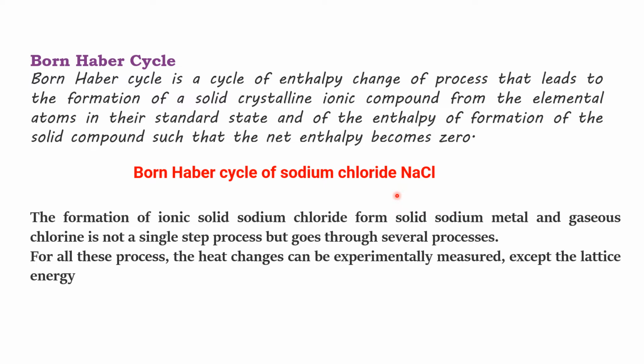Then we have to combine the sodium ion and chloride ion in the gaseous state to form ionic crystal. So we move to the example of NaCl, with which we could explain Born-Haber cycle.